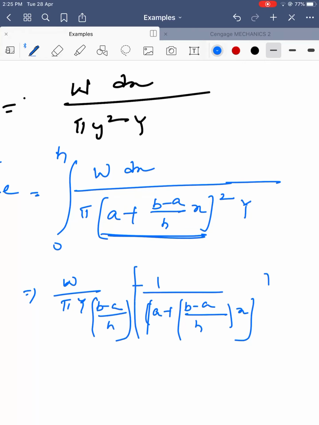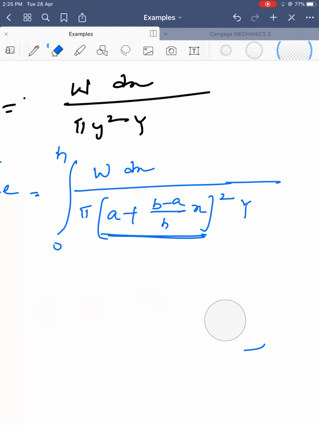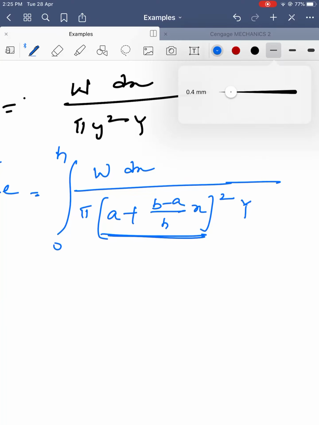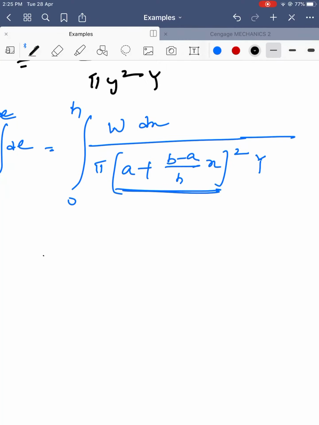I think you would not understand this part, I will explain again. I am doing integration. I am writing B minus A by H as M. So dx by A plus M into X whole square.